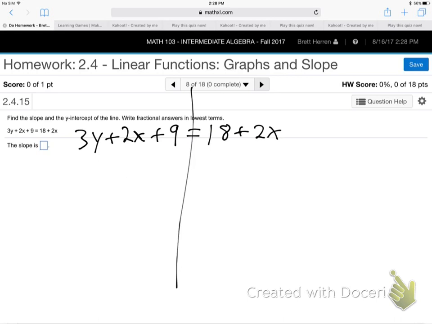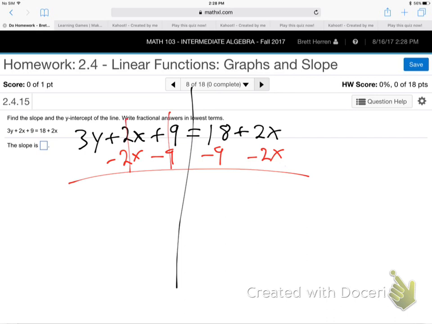So to get y alone, subtract 2x and subtract the 9. You can do both at once or one at a time.